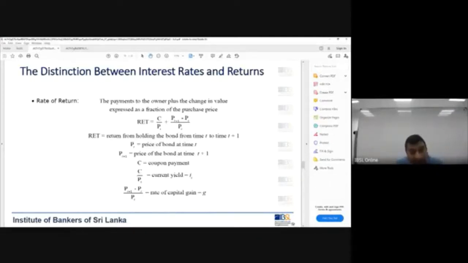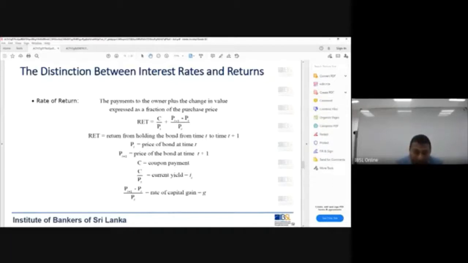If the current price is beneficial and you expect future interest rates to increase, you know what happens to prices? Prices decrease. So today's price is attractive, future prices will decrease, so you sell and accumulate this capital gain component.